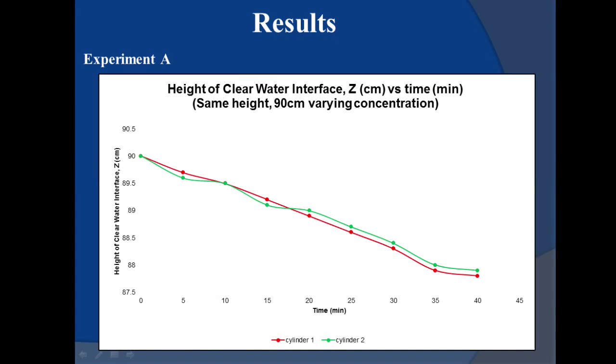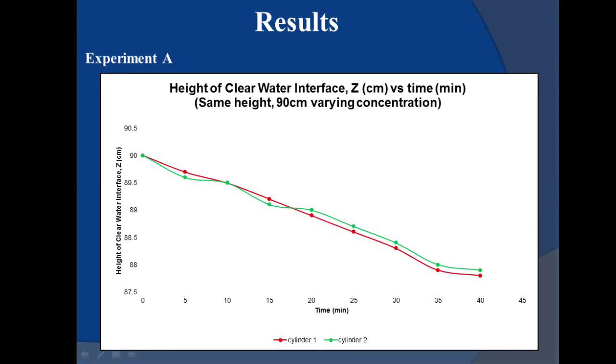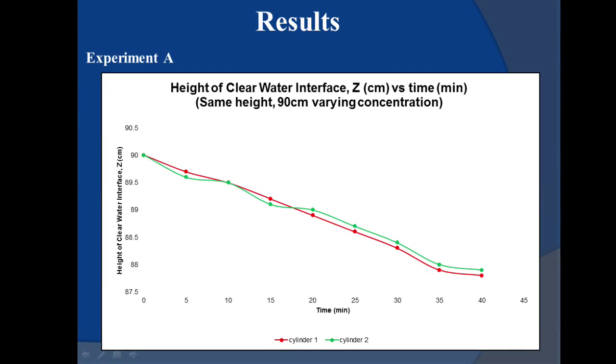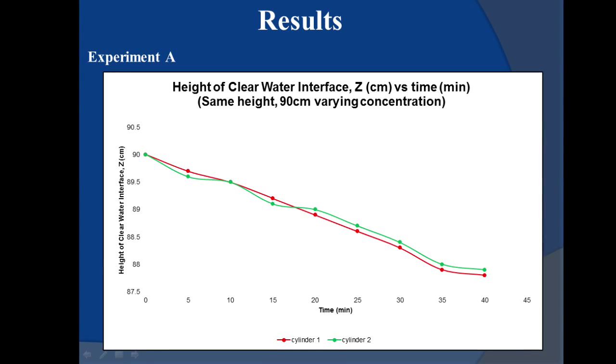From the graph, we can see that when the concentration is higher, the settling rate is slower compared to those having lower concentration. This is because when the solution is having higher concentration, the molecules of the solution are located nearer to each other, which gives less space for the molecules to move into each other.